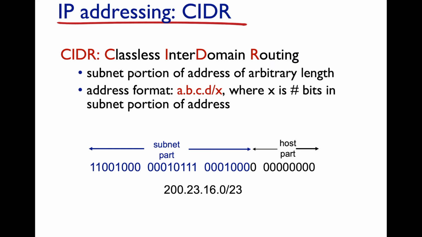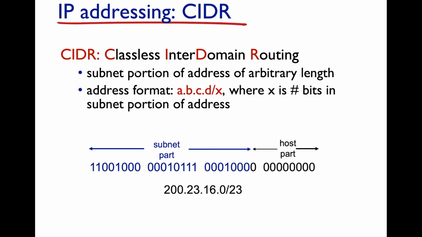And so what this CIDRized notation does, it takes into consideration the subnet when it's doing the routing, because essentially all you care about is not the particular address, but really, if you think about it, the block of addresses that a particular singular IP address belongs to.